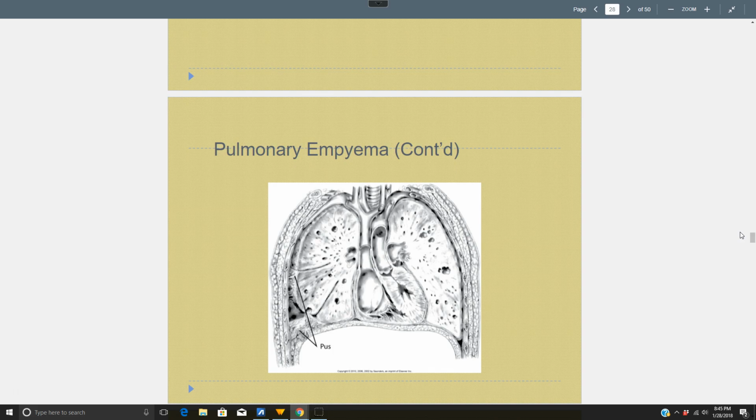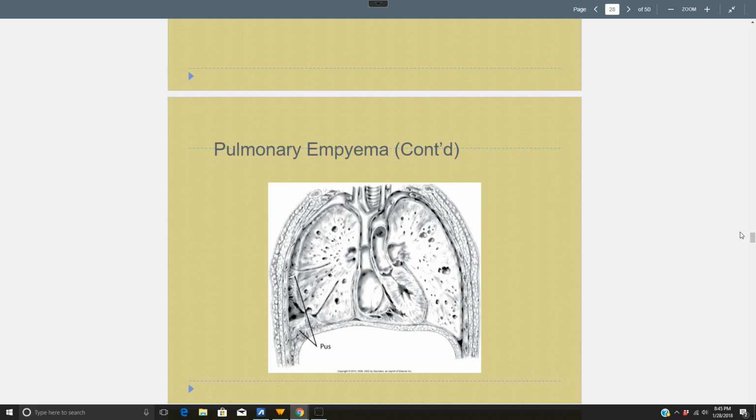So the fluid is analyzed for color, red blood cells, and white blood cells, glucose, protein, LDH, and pH. Many times the patient has to have this empyema removed so that you can have proper expansion of the lung. Appropriate antibiotics, sometimes a chest tube to close drainage to help promote lung expansion and drainage.